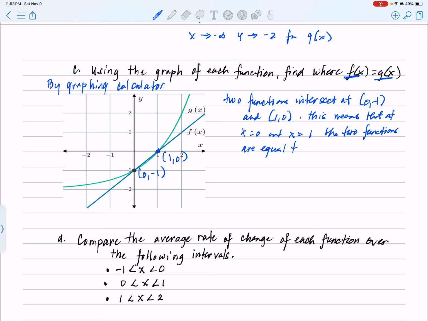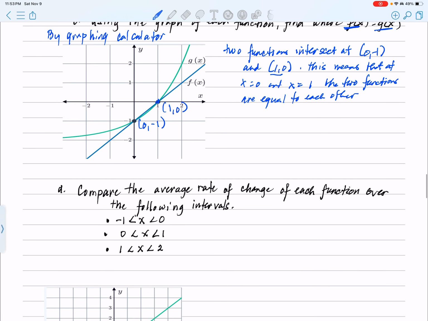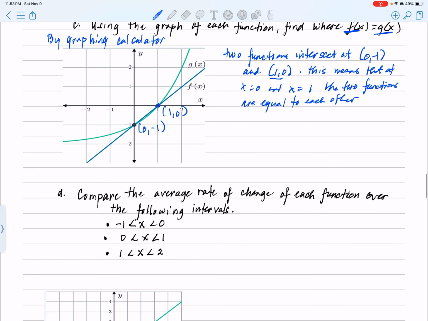They are equal, and it happened at this point, at x equals 0 and x equals 1. That is how we know where f of x and g of x are equal.